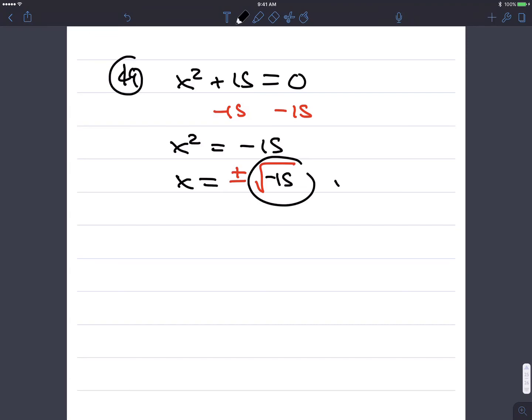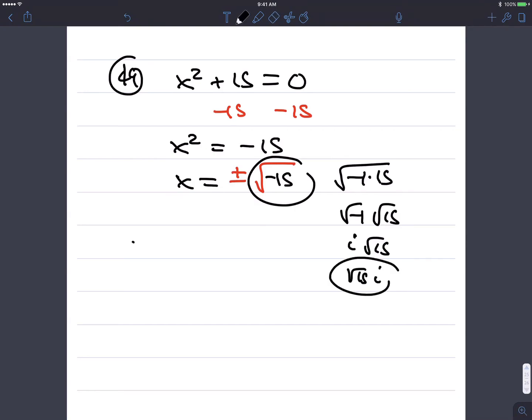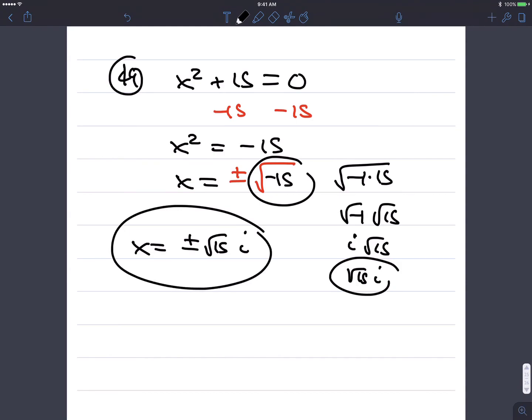Well, this radical is going to be negative 1 times 15, the square root of negative 1, the square root of 15, i times the square root of 15. And we write this as the square root of 15 i. So x will be plus or minus the square root of 15 i, and you're done.